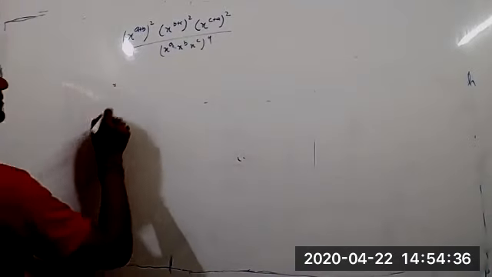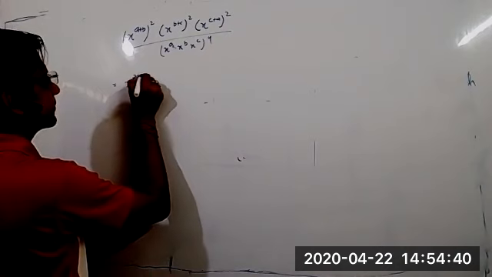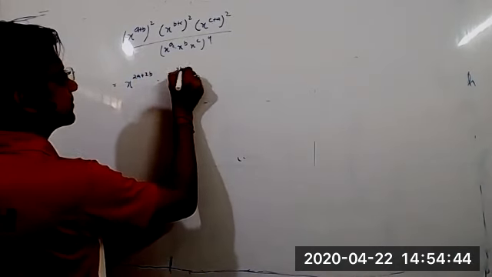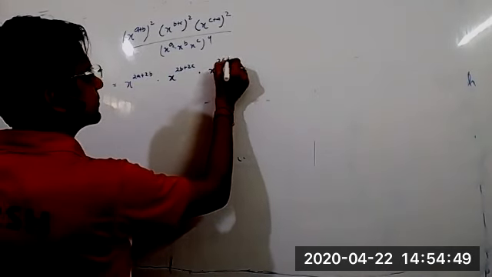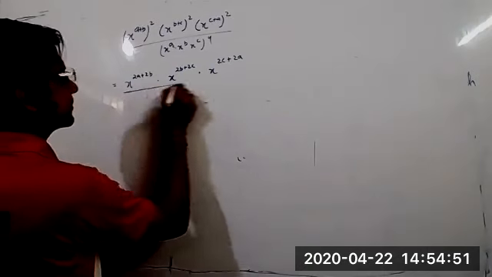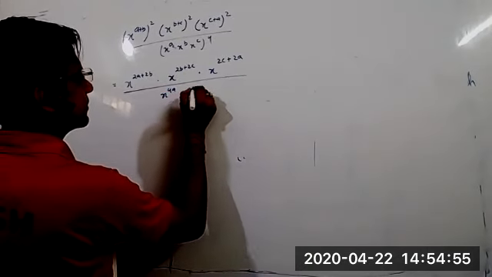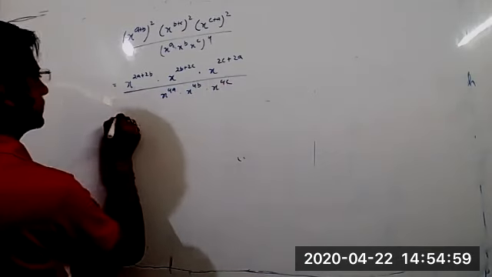So x to the power a plus b, the whole square can be written as x to the power 2a plus 2b, into x to the power 2b plus 2c, into x to the power 2c plus 2a, by x to the power 4a into x to the power 4b into x to the power 4c.